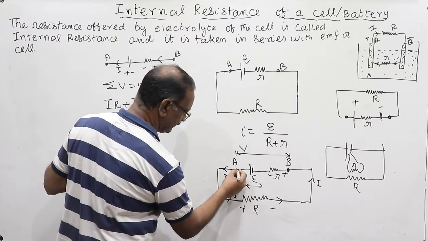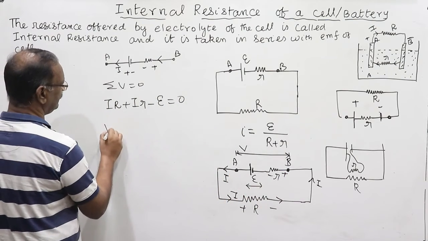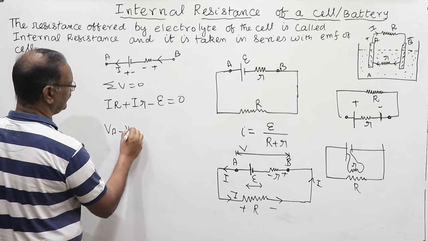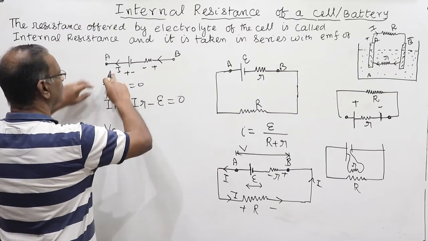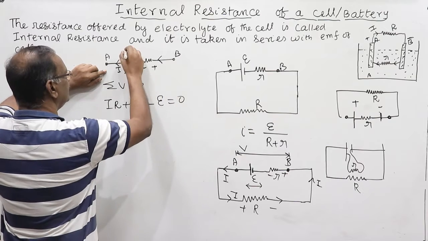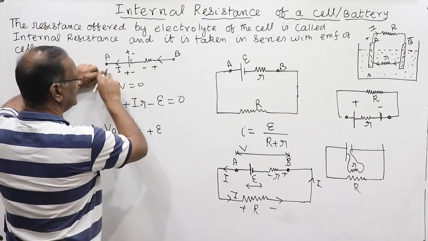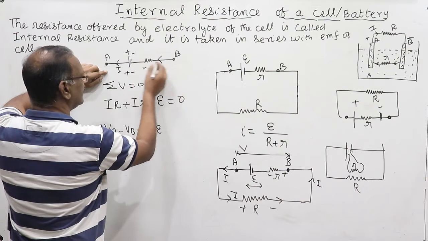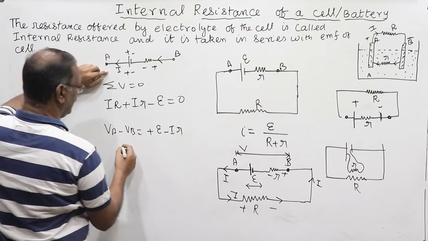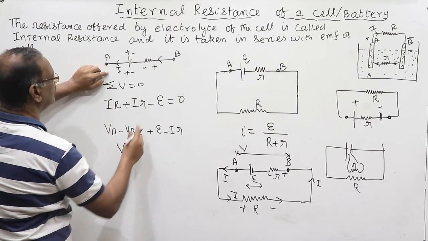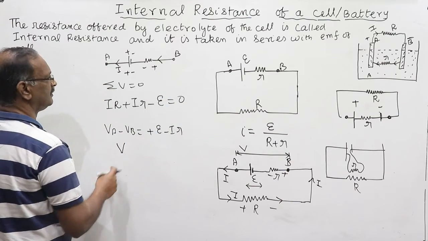What is VA minus VB? It is the potential difference between point A and point B, which is equal to plus E when we move this way, minus IR, since the current is coming this way. VA minus VB is the terminal potential.